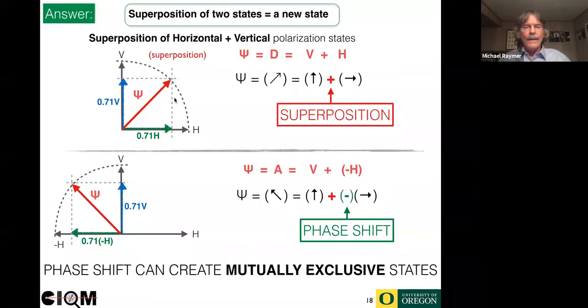And notice that if I have this state, this is D, and that's V plus H. If I have this other state, which is A, that's V plus minus H. These have the same probabilities for H and V, but they're mutually orthogonal states. That's because they're perpendicular to each other in this state space drawing. And mathematically, they're only different by a phase shift between the V and the H, minus phase or plus phase. So that's the way quantum arithmetic works.